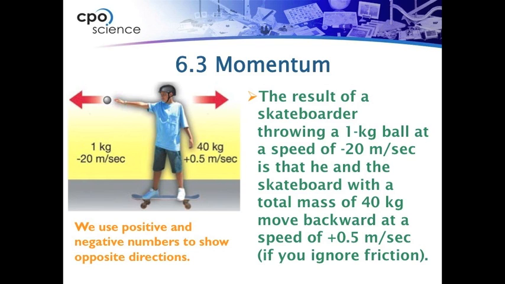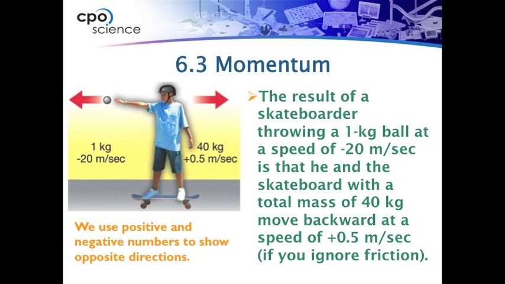After he throws the ball away, we measure the ball moving away at negative 20 meters per second. It's negative, remember, because it's moving to the left. He moves away because of the reaction, Newton's third law, to the right at positive 0.5 meters per second. If we figure out their momentum, the ball, for instance, 1 kilogram times negative 20, has a momentum of negative 20 kilogram meters per second.